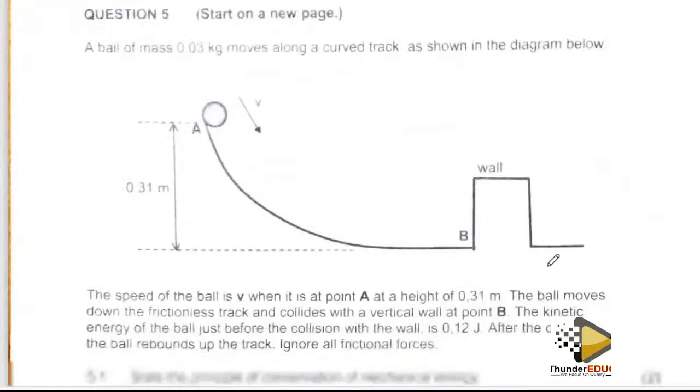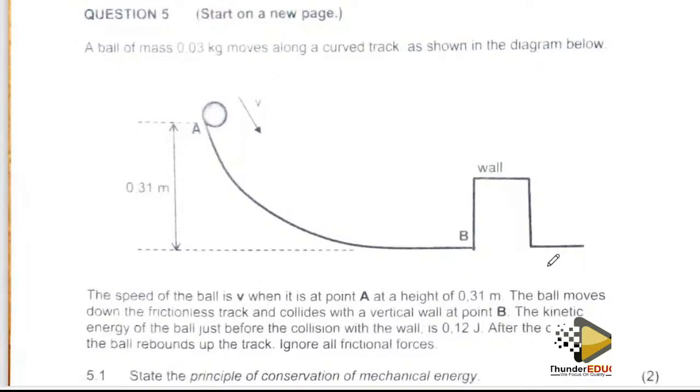Then question 5, they're telling us that a ball of mass 0.03 kilograms moves along a curved track as shown in the diagram. So the height is 0.31 meters above the ground.